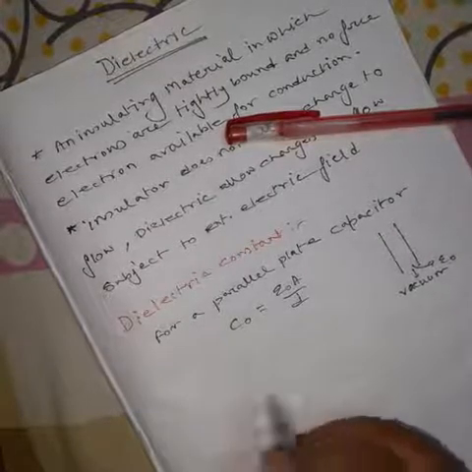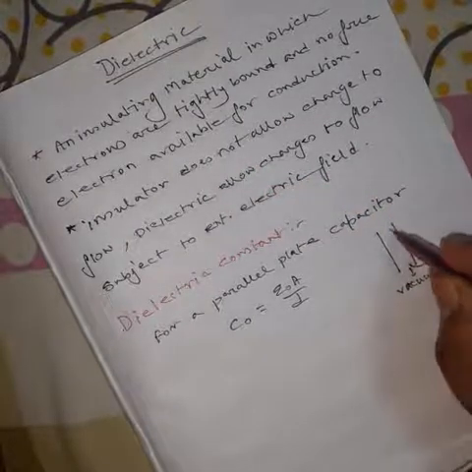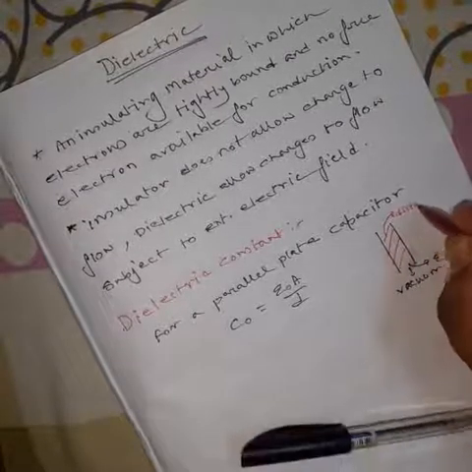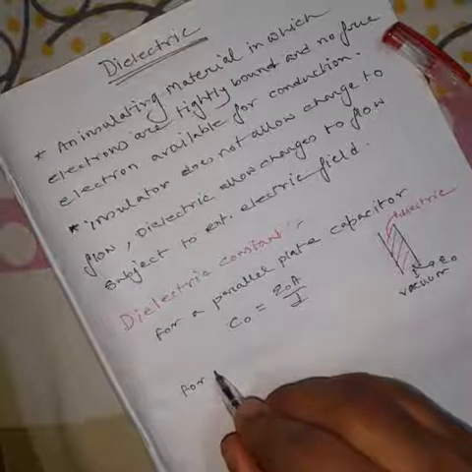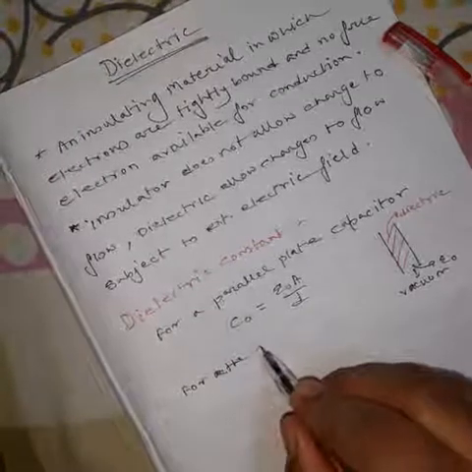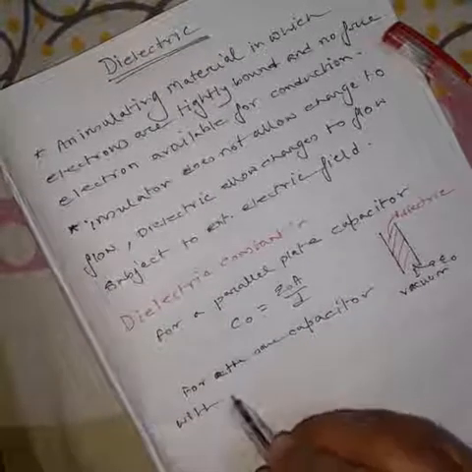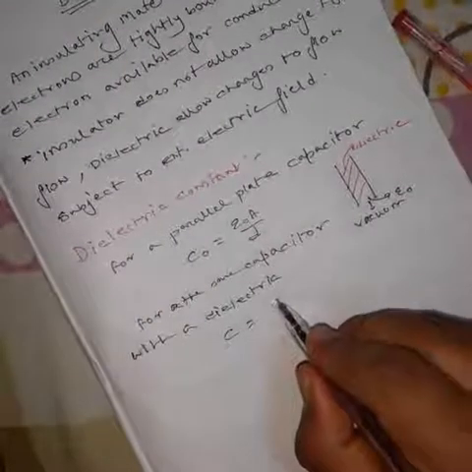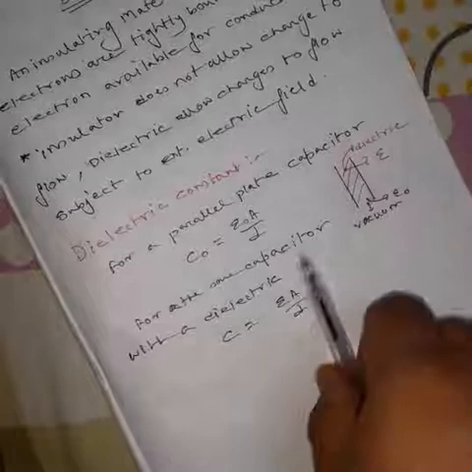Now if we replace the space between the two parallel plates with some material, which is a dielectric material, then for the same capacitor with a dielectric, the capacitance becomes epsilon A by D. So the permittivity is changed to epsilon.